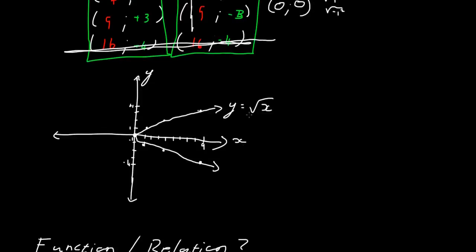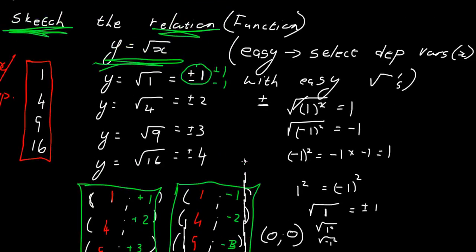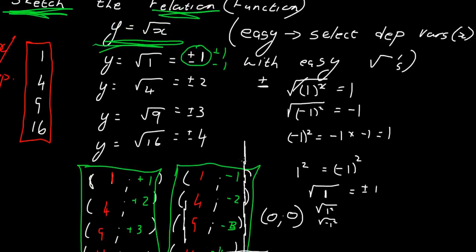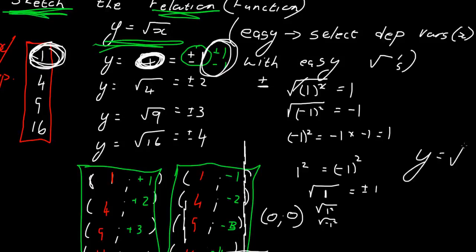So if we look at this relation here, we had one independent variable, we plug it into the relation and we get two y points or two dependent variables, which means that y equals root x is a relation and not a function.